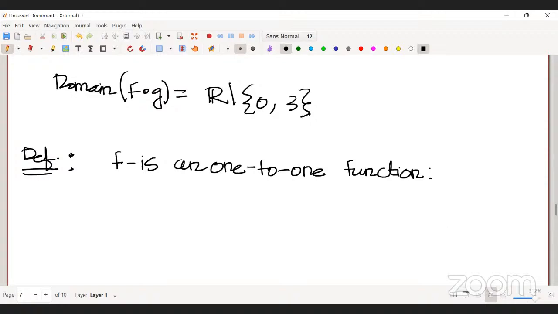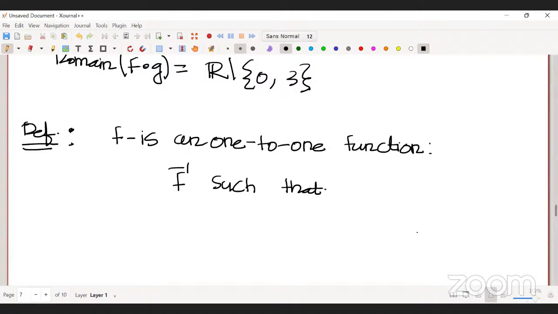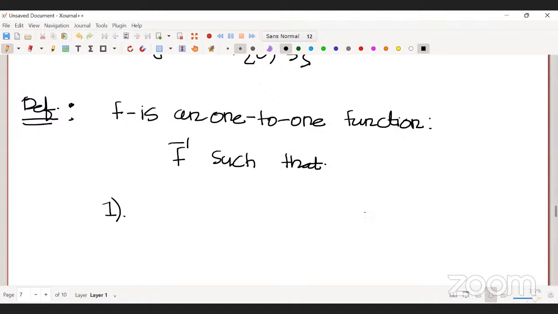So suppose f is a 1-to-1 function, then the inverse of the function f is a function f inverse such that it should satisfy two conditions. What inverse of a function should satisfy? If I compose f with f inverse, then I should get the identity function, right?